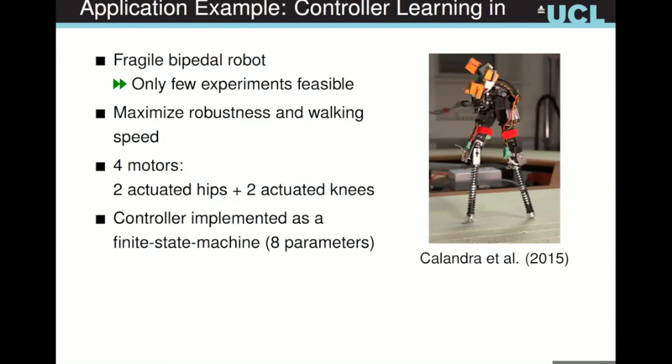It has 2 motors in the hips that control the left leg and the right leg, and 2 motors in the corresponding knees. And what we wanted to do is we wanted to optimize the controller parameters. There were 8 parameters in order to make the robot walk fast and also reliably.